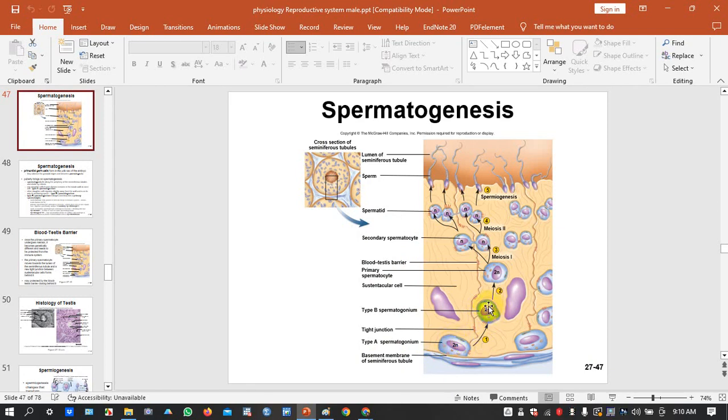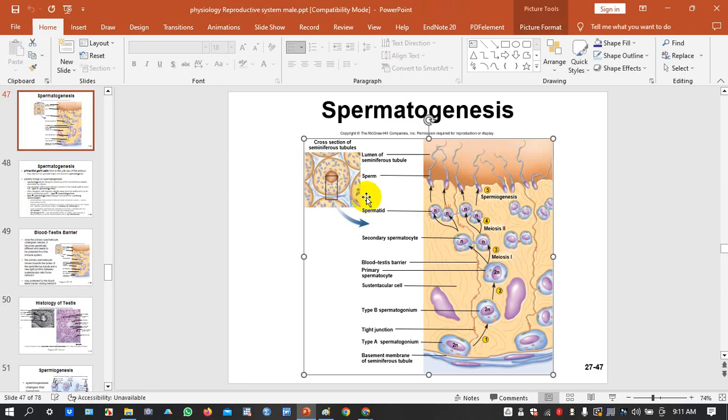Will divide so that we have type B spermatogonium, and the type A spermatogonium will remain, and the type B spermatogonium will go and become a primary spermatocyte, which will divide by meiosis 1 to 2 daughter cells, and the 2 daughter cells will go to meiosis 2, and divide into 4 daughter cells, and these 4 daughter cells now undergo a process of maturation, that's spermiogenesis, to produce the sperm.